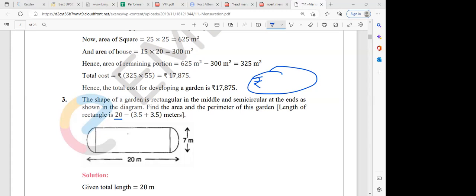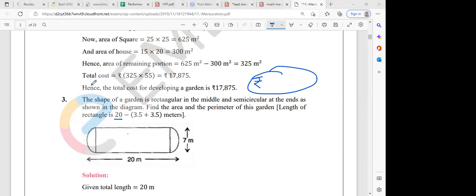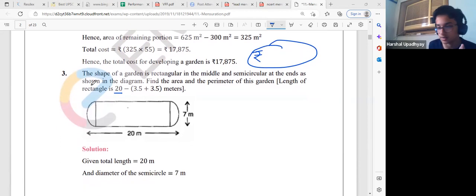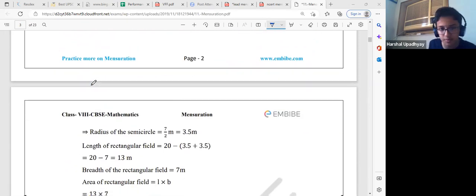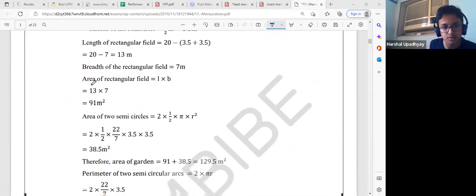Ma'am, so the area of the rectangle is 91 meters, and the perimeter of the rectangle garden is 40 meters.